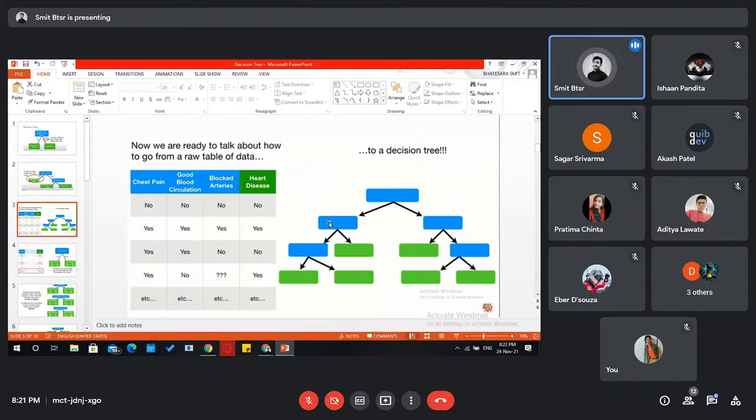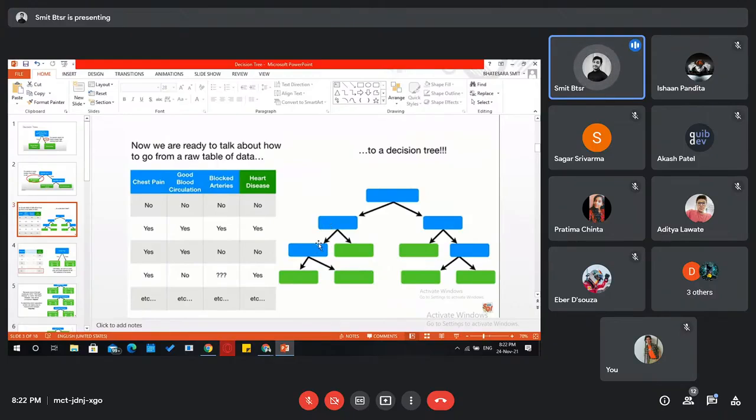Then if no, we ask about blood circulation, and then blocked arteries, in this format. And on this side, we ask first chest pain, then blocked arteries, and then whether there is good blood circulation or not. So there are two different orders of asking questions.